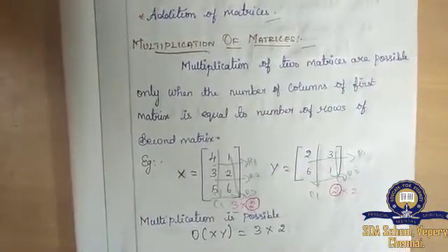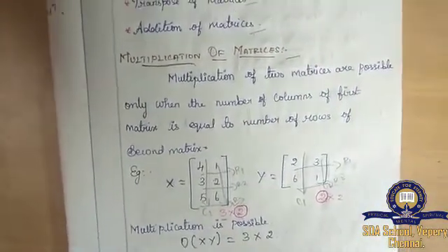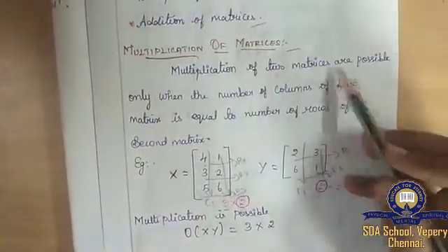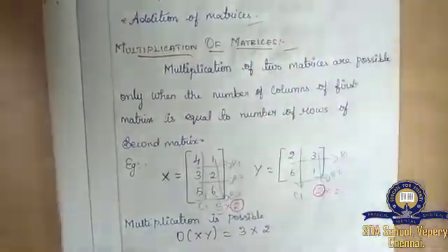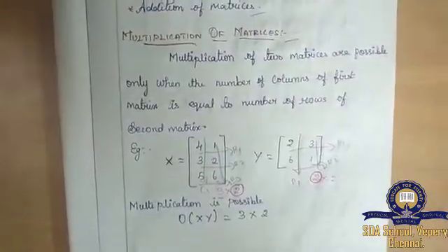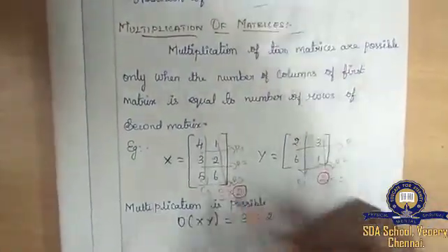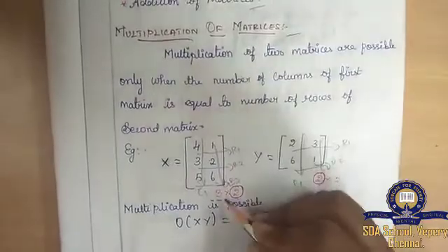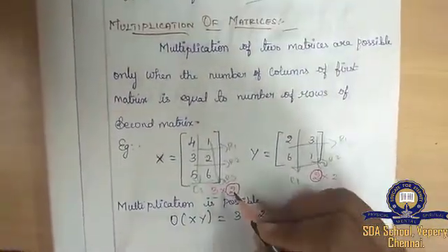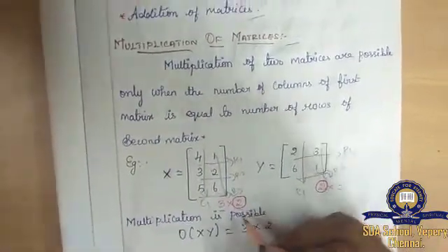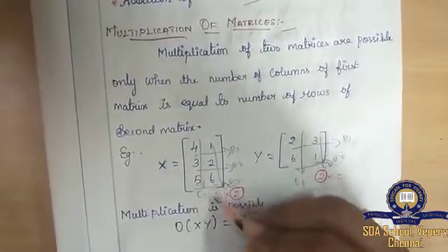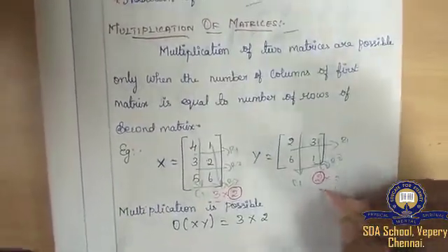Hope you people remember. Then when is multiplication of matrices possible? Here I have given some definition, right? Multiplication of two matrices is possible only when the number of columns of the first matrix is equal to the number of rows of the second matrix. Here I have taken two matrices, X and Y, and we have written the order of these two matrices. So please do remember, matrix multiplication is possible only when the order of the first matrix is 3 by 2 and the second matrix is 2 by 2.